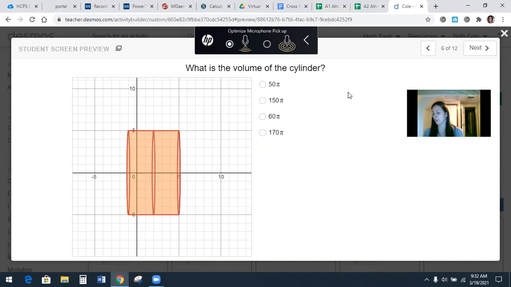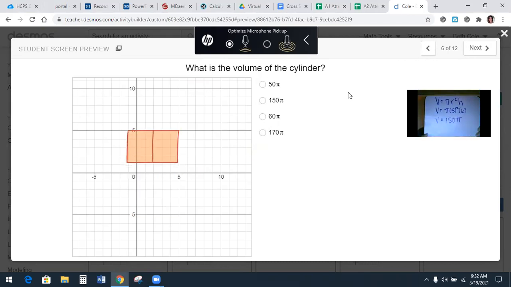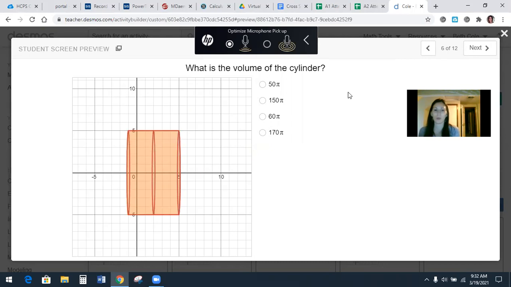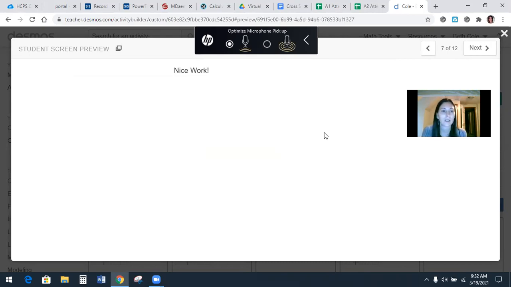So we get 150 pi. And again, they don't usually put units for these, but if there were units, it would be units cubed, whatever it is cubed. It's three-dimensional. So that's just to help you visualize the three-dimensional object that's being created there.